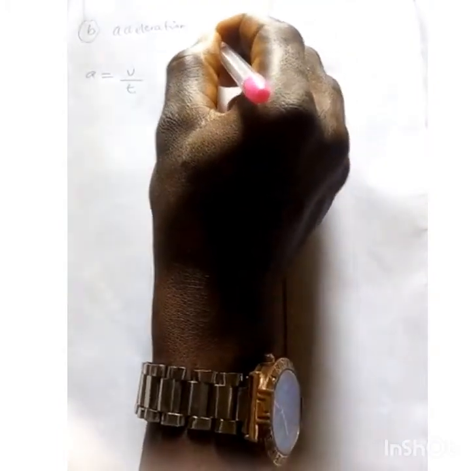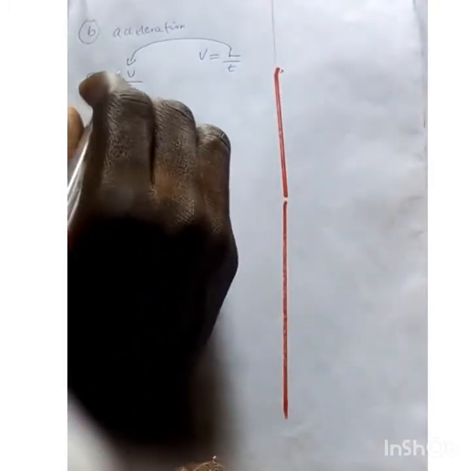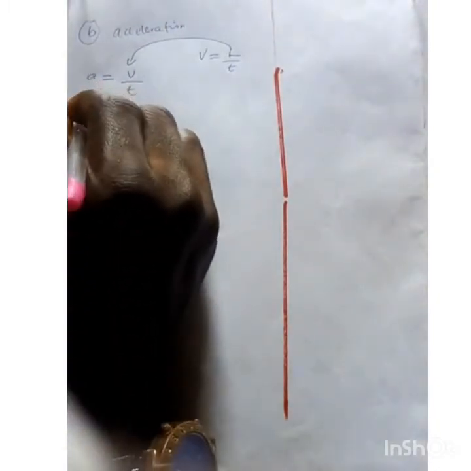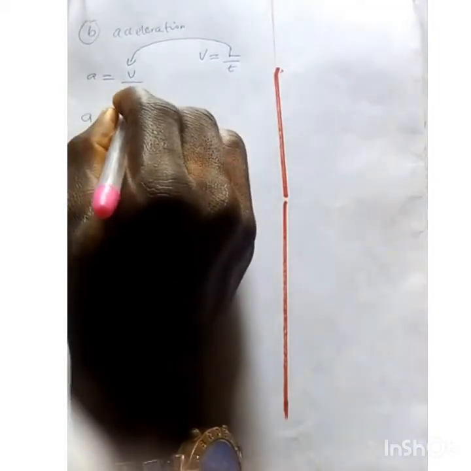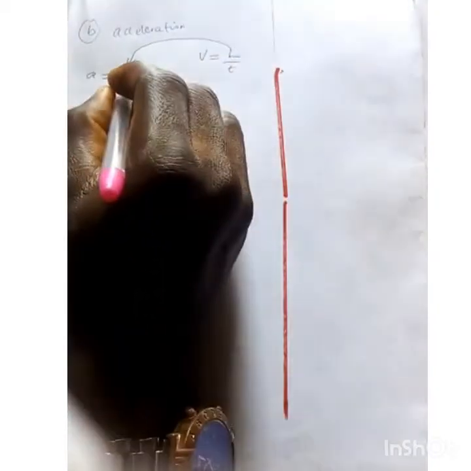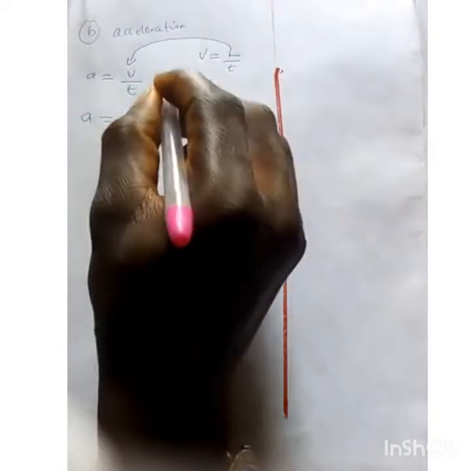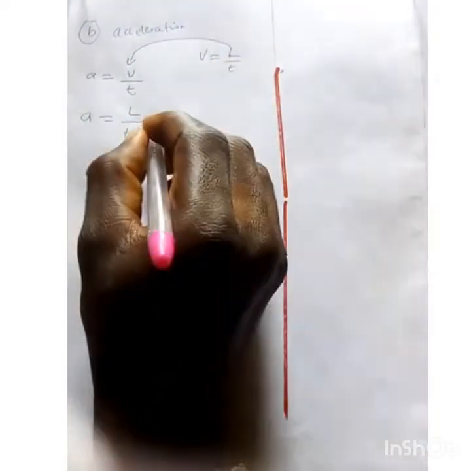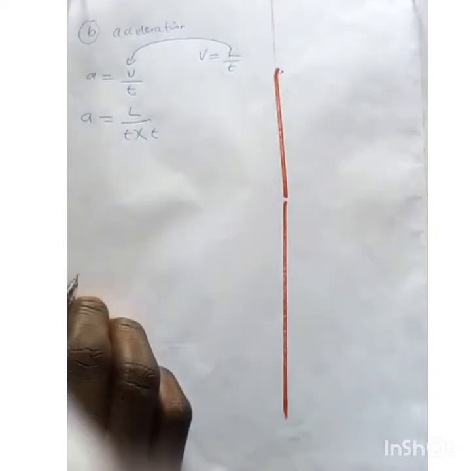That is, this one will represent the place of velocity, so that you now have your A is equal to length, which is this length, all over t times this t, which is now t.